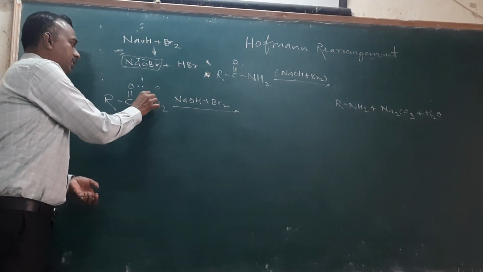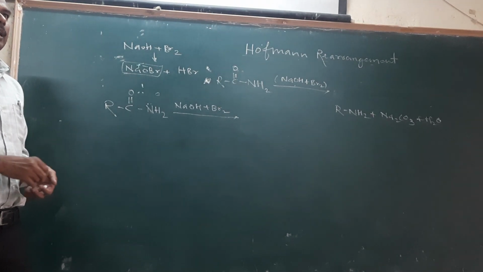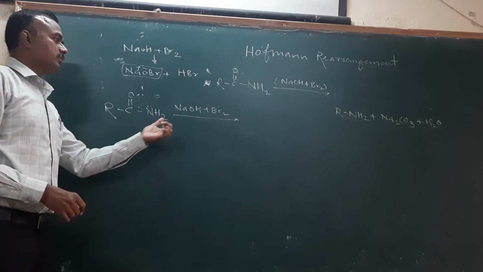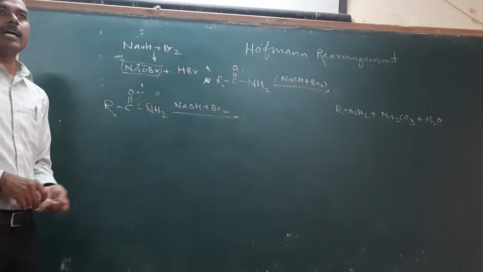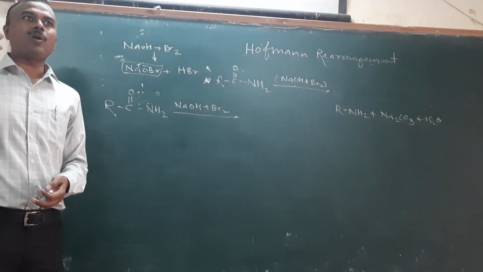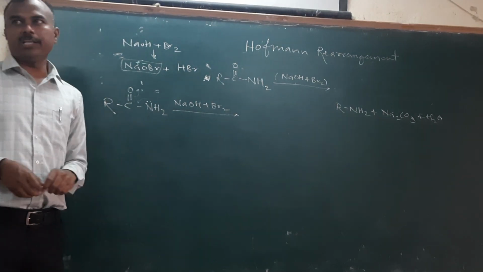The nitrogen contains a lone pair of electrons and, though it is in conjugation, this nitrogen carrying hydrogen requires a very strong base to abstract a proton from NH2.